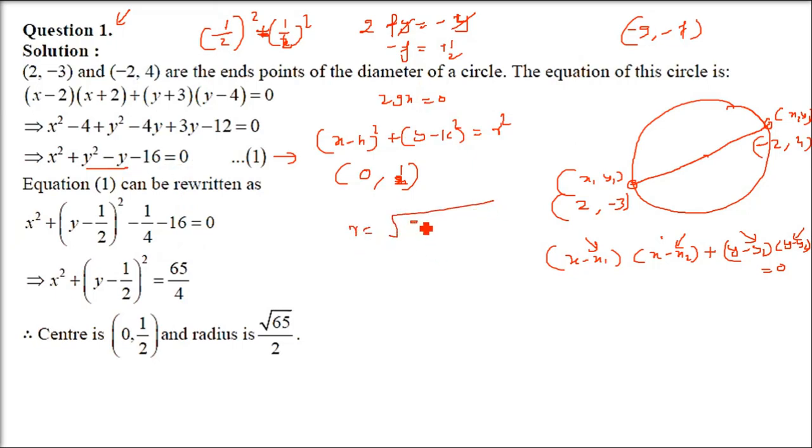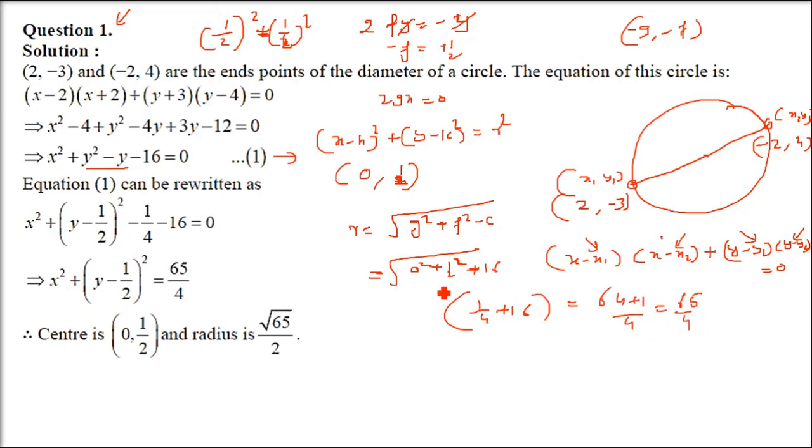And there was one more way of finding the radius: under root g square plus f square minus c. g is 0, and f we just found out to be minus half, which doesn't matter because it is going to be squared. So half square plus 16 is 65 by 4. Under root of this is r.